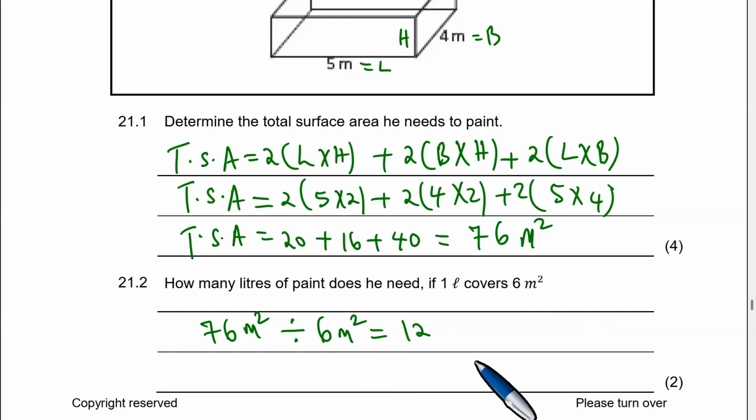So in other words, he's going to need 12 liters of paint. It's going to need exactly 12 liters of paint to cover this amount of area. All right.